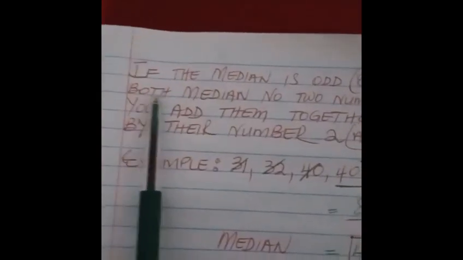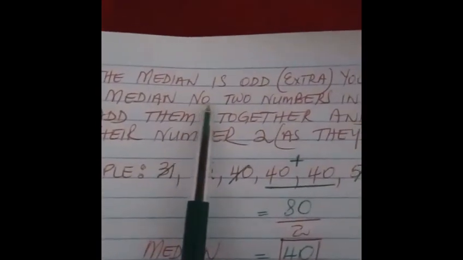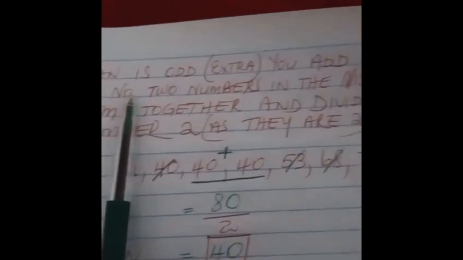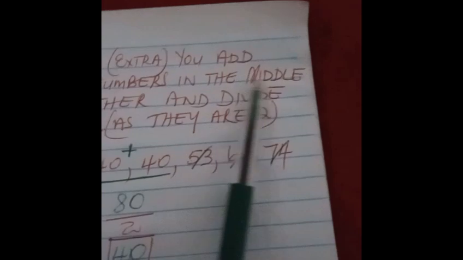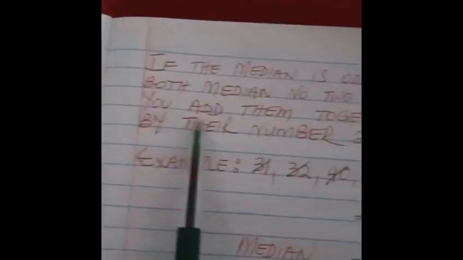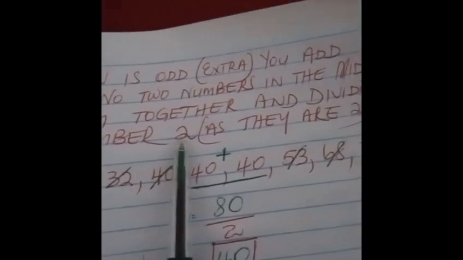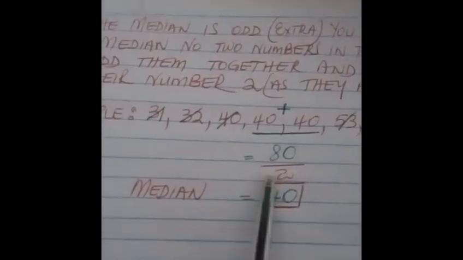What you do, you add both medians. You add them together, and then you divide by their number. How many are they? They are 2. So you divide by 2. Then you will get your median.